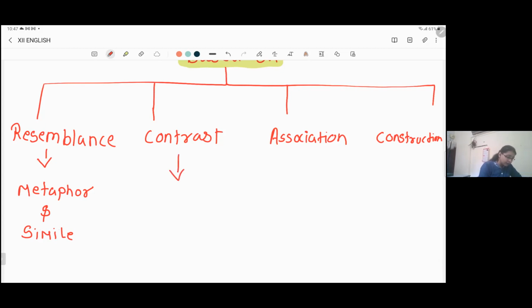Below contrast, which figures of speech will come? Antithesis and epigram.